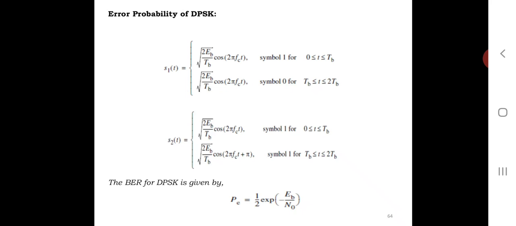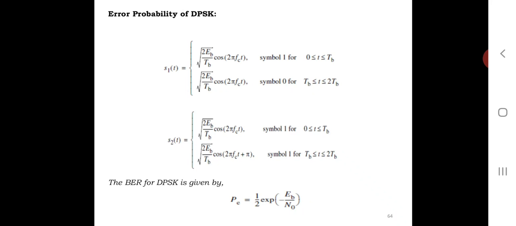To elaborate, let the transmitted DPSK signal be equal to square root of 2 EB by TB into cos 2 pi FC t for the first bit, for the interval 0 to TB where there is the corresponding symbol 1, and suppose the input symbol for the second bit, interval TB to 2 TB, is also symbol 1.